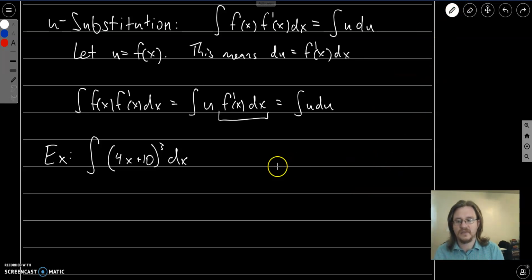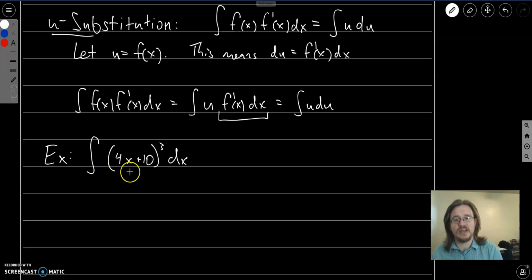So when we are looking at the integral of 4x plus 10 to the third power, this is again a little bit complicated because it looks like I've got a function inside of a function, so we might expect a chain rule to pop out. So this is how I know to use u-substitution.